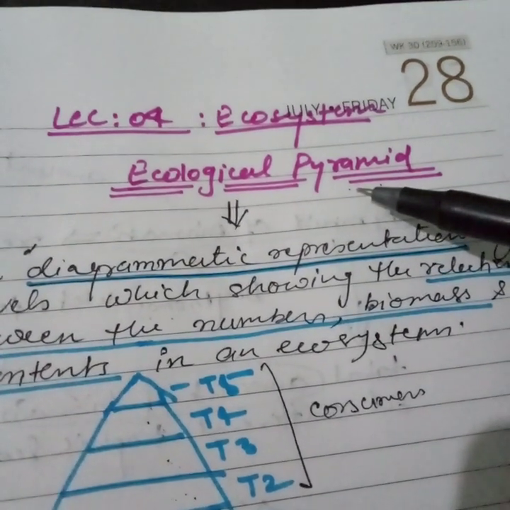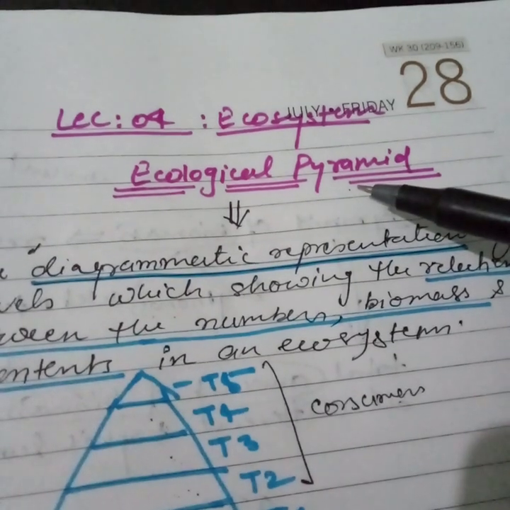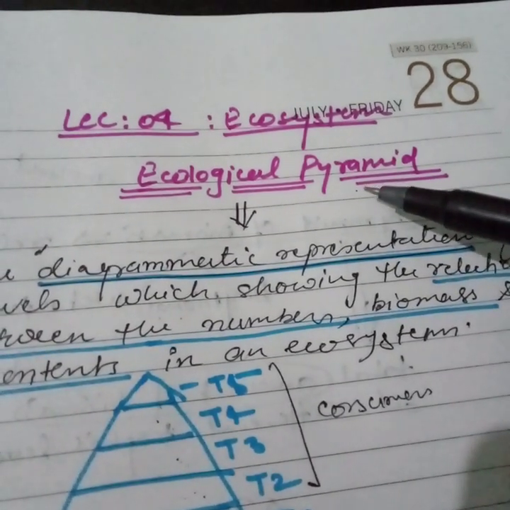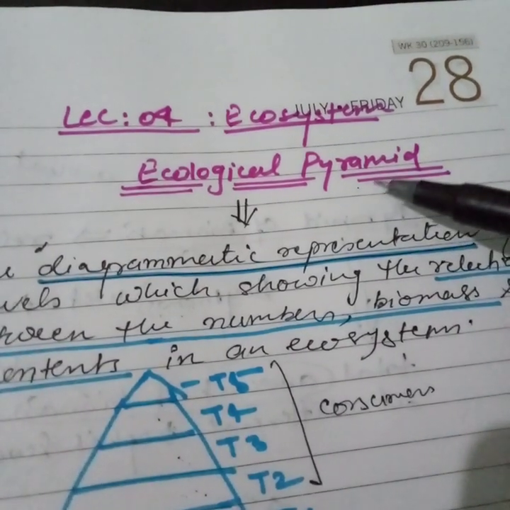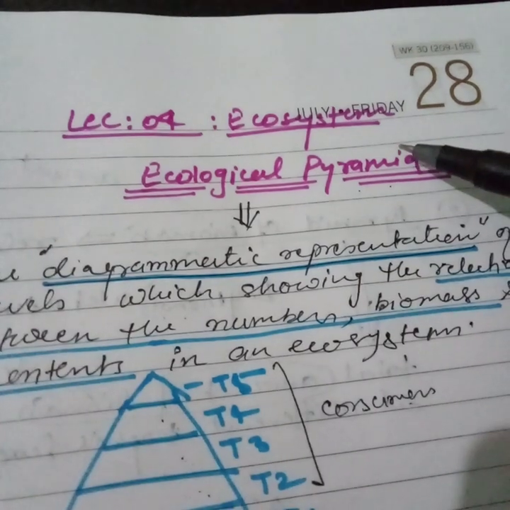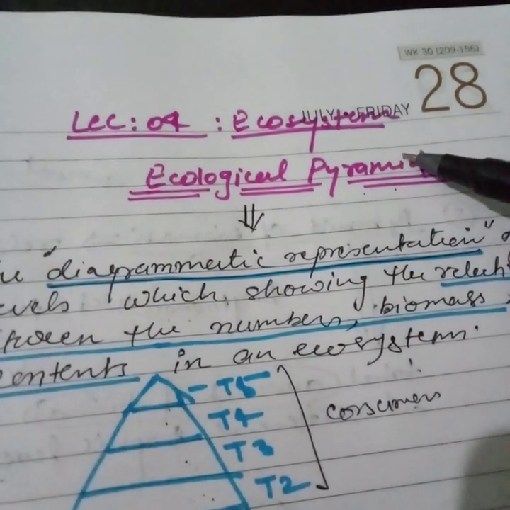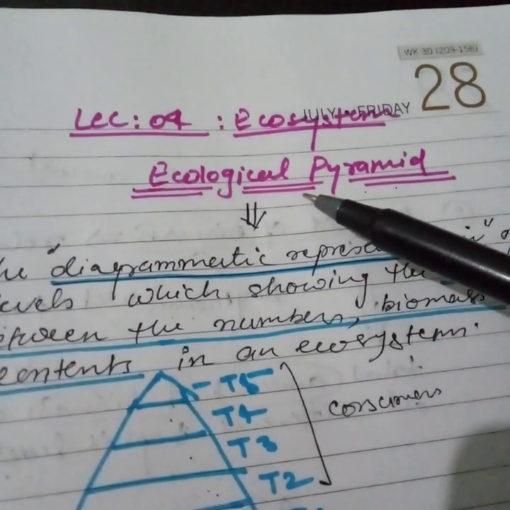Clear? So on the basis of diet of the organisms, they are categorized into different trophic levels, and each trophic level has different feeding behavior of living organisms. So let's talk about the ecological pyramid.